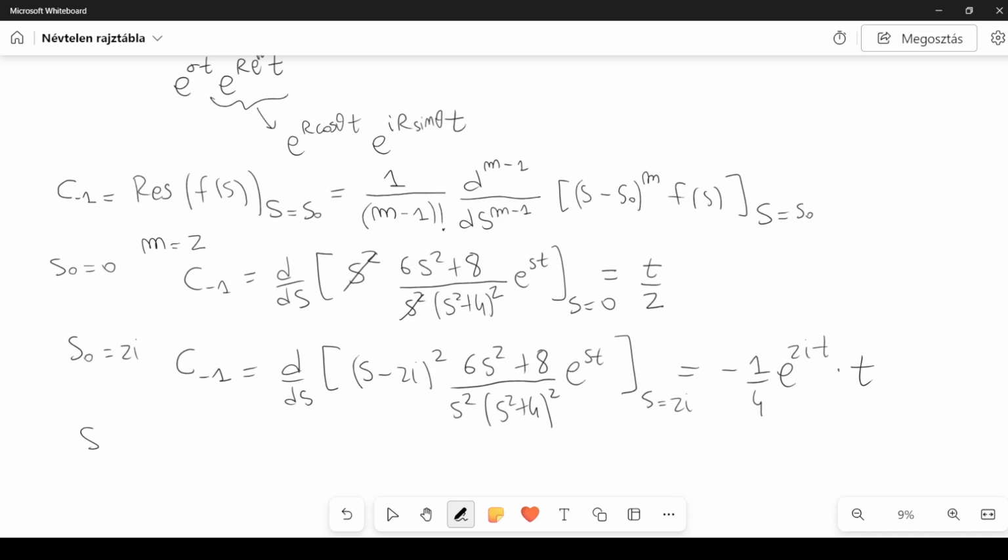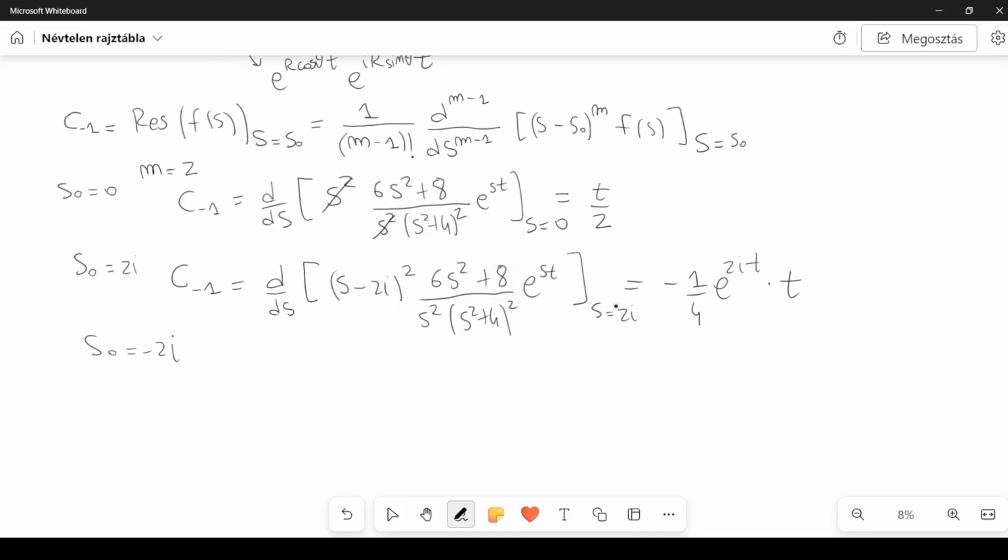and similarly for s0 equal to minus 2i. Well, this is actually quite easy to understand, that the result here will simply be the same as this one but complex conjugated.